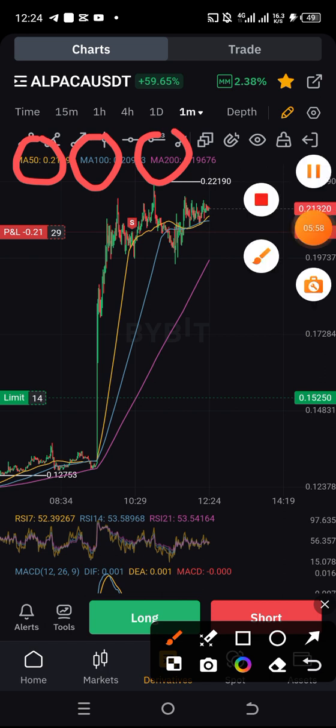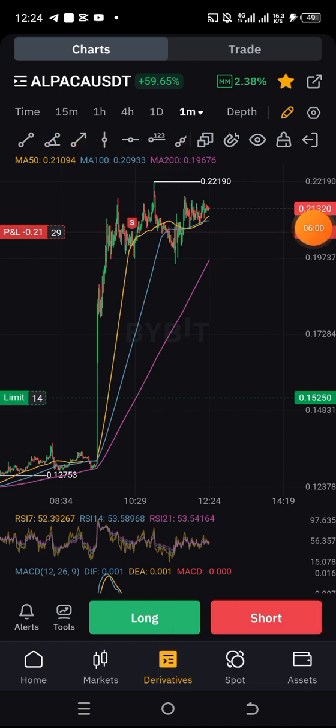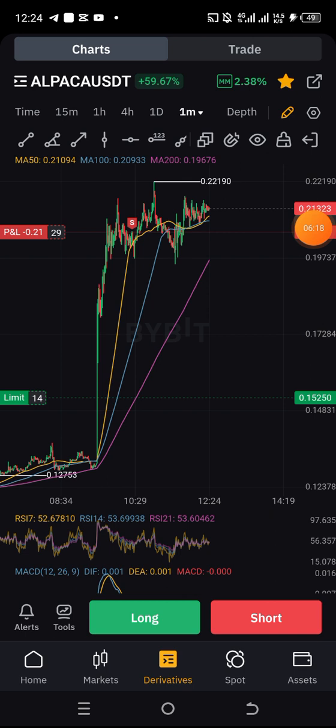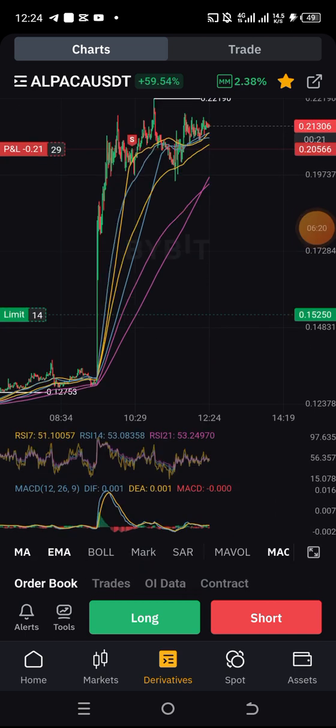My MA 50 is the yellow color, my MA 100 is the blue color, and the purple is for MA 200.